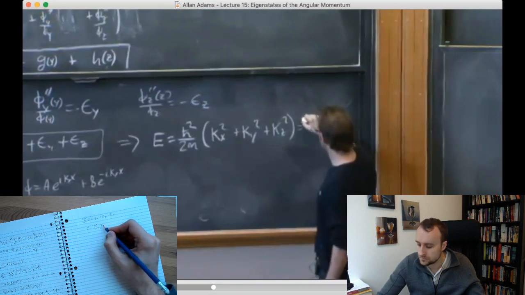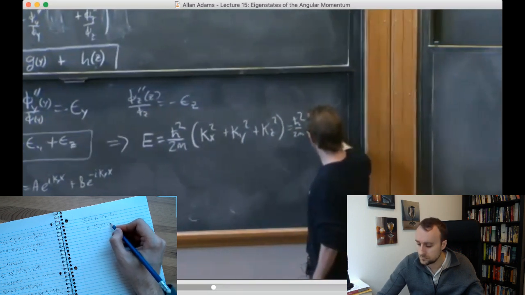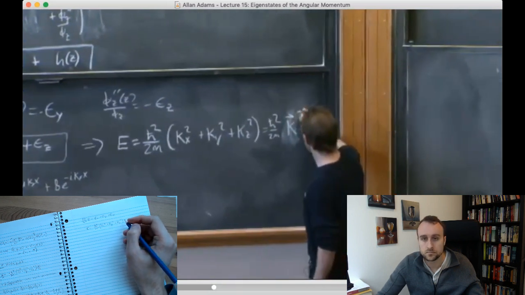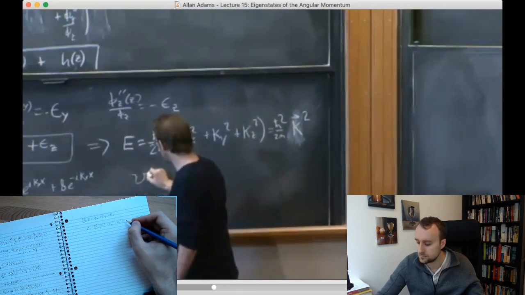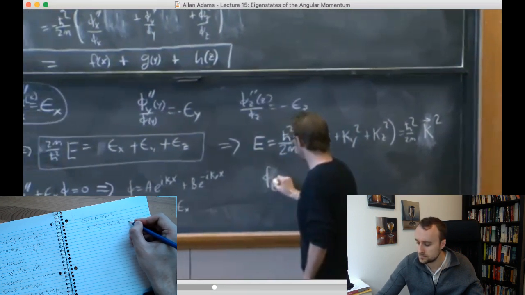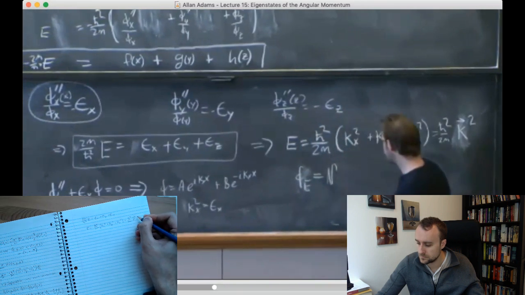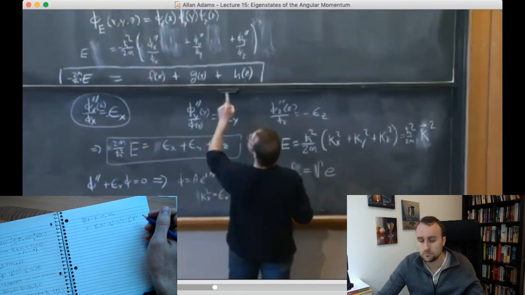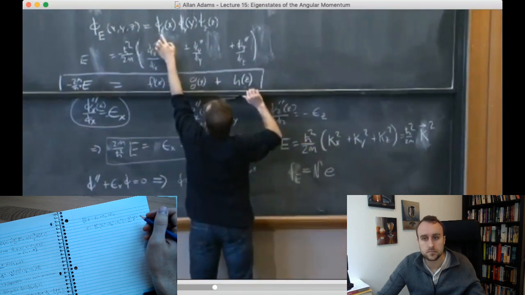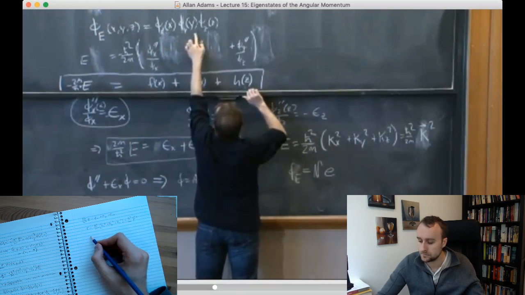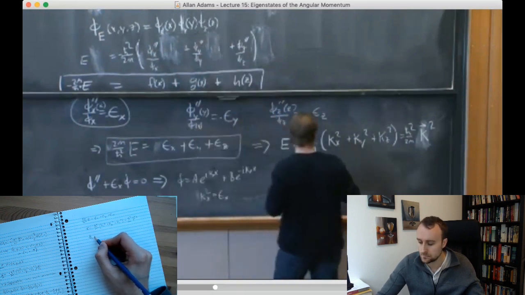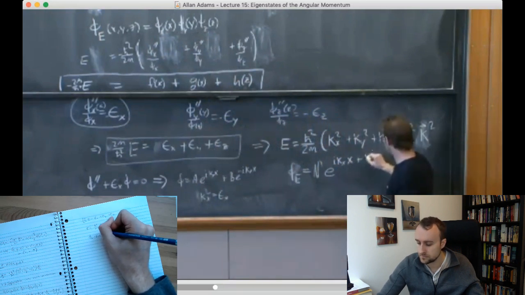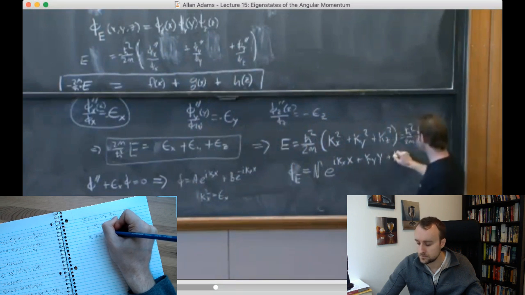Also known as h bar squared upon 2m, k vector squared, where the wave function phi sub E is equal to some overall normalization constant times the exponential in x with kx, the exponential in y with ky, and the exponential in z with kz: e to the i, kx times x plus ky times y plus kz times z.